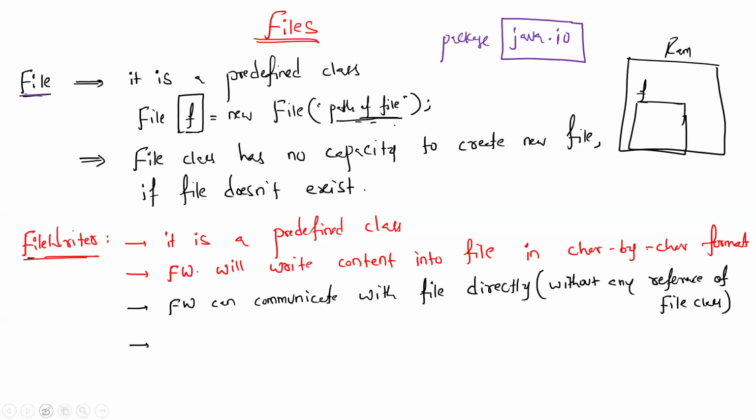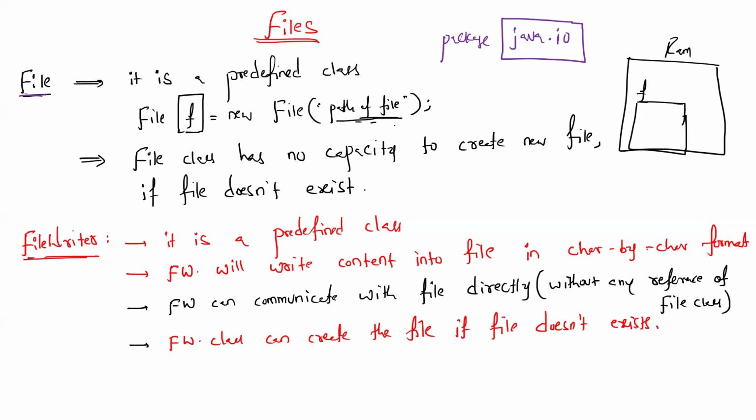But then, can file writer create the file? Yes. The file writer FW class can create the file if the file doesn't exist. With an example, you'll understand all these points much more clearly.